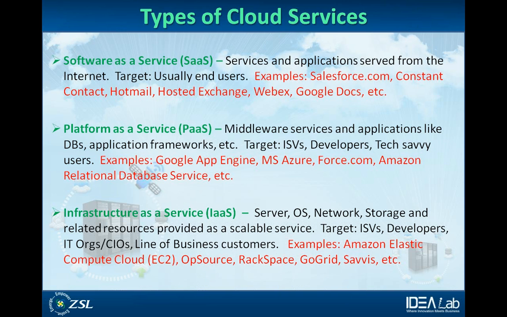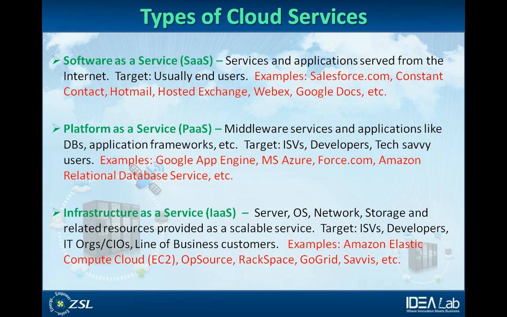The next level down from there is known as platform as a service. It's basically getting middleware and database and other application frameworks as a service. So this is typically targeted to independent software vendors or developers and generally engineering users.